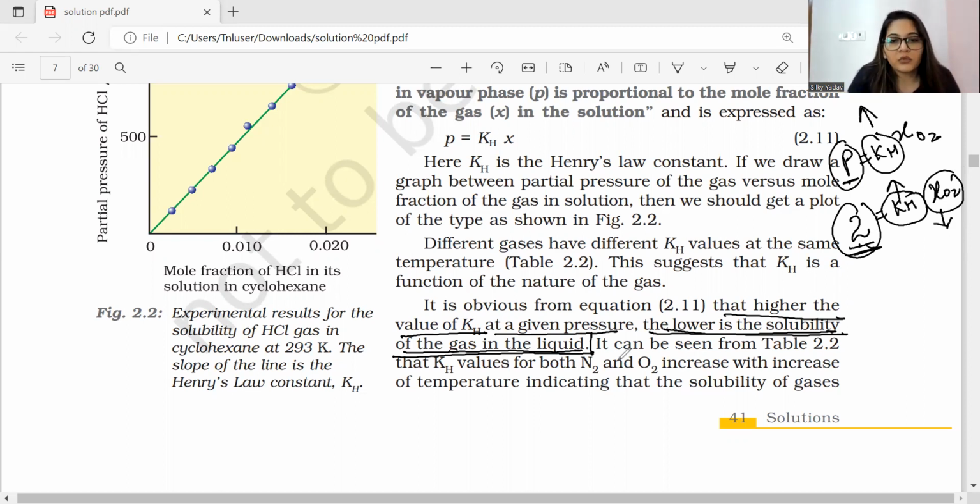So it can be seen from table 2.2 that the KH value for both N2 and O2 is increasing with increase of temperature. That means, I'll write for N2 also.